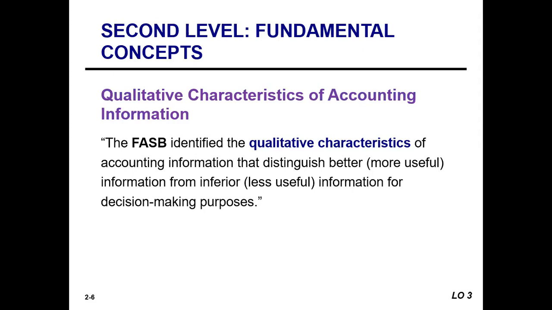So again, some of these qualitative characteristics involve relevance, faithful representation, and this includes predictive value, confirmatory value, materiality, completeness, neutrality, free from error. And then some of the enhancing qualities, comparability, verifiability, timeliness, understandability, are under the umbrella or in the realm of qualitative characteristics.